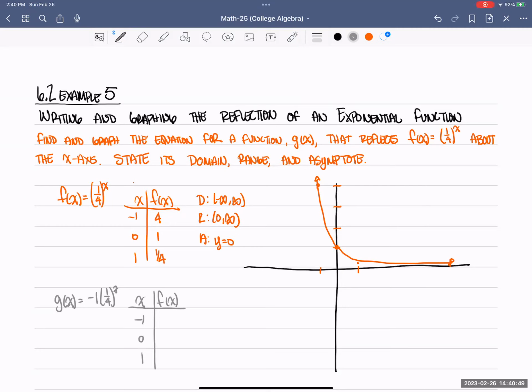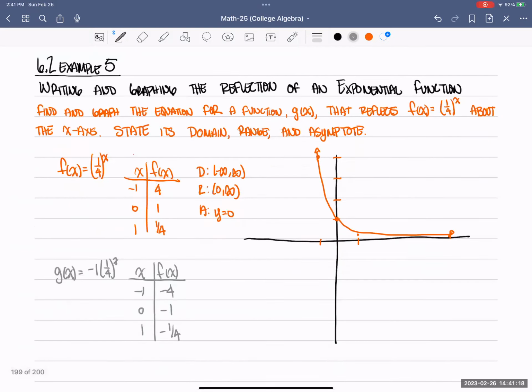So when x is -1, we're looking at the reciprocal. So it's going to be the reciprocal of 1/4, which is 4, times -1 gives us -4. At 0, anything raised to the power 0 is going to be 1, times -1 is going to be -1. To the power 1, anything to the power 1 is itself. So it's going to be 1/4 times -1, which is -1/4.